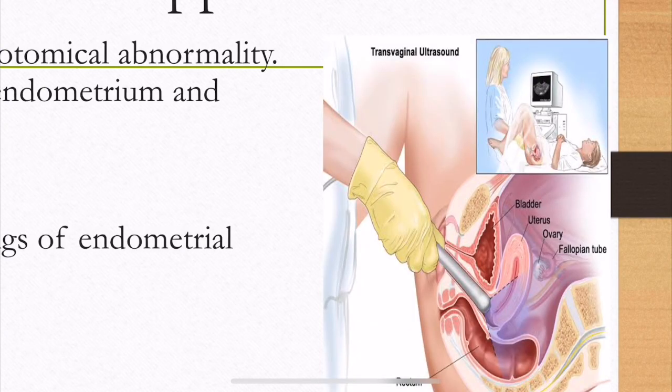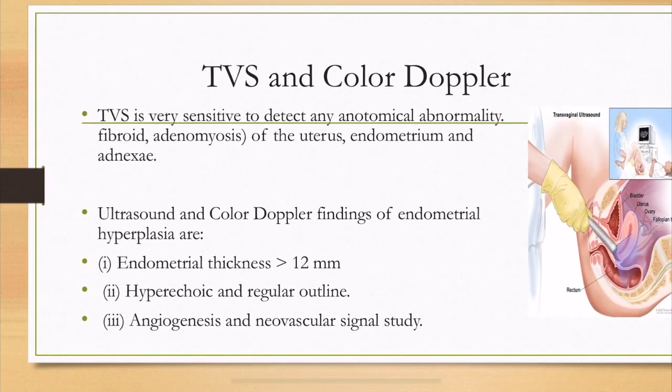By inserting this device, they can see the abnormality on the computer. They detect any anatomical abnormality, that is fibroid and adenomyosis of the uterus, endometrium, and adnexae. Adnexae, I have already told you, are the ovaries and the fallopian tubes and also the ligaments which support the ovaries. Ultrasound and color Doppler.